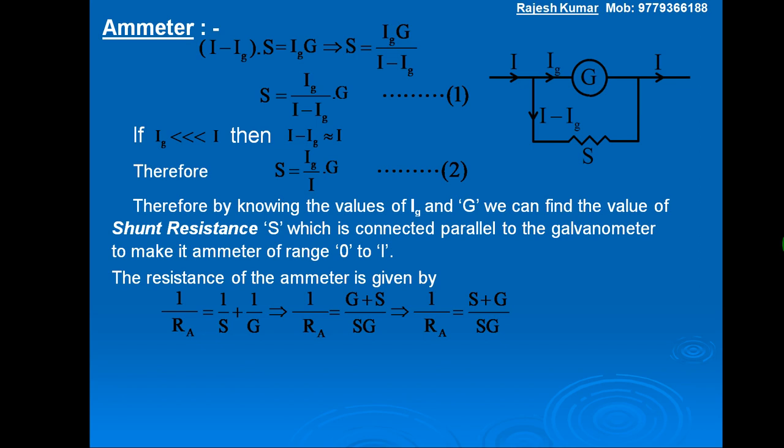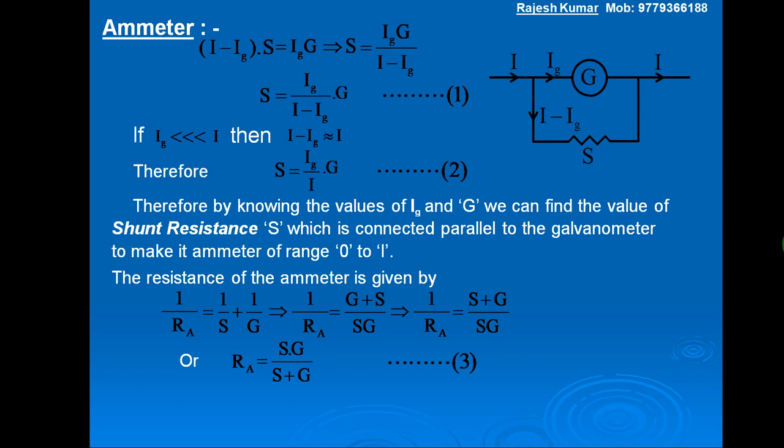By rearranging, Ra, the resistance of ammeter, is equal to S into G upon (S plus G), where S is shunt resistance, very low resistance, and capital G is resistance of galvanometer. Let it be equation number 3.